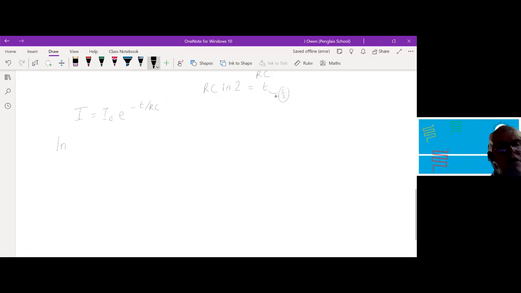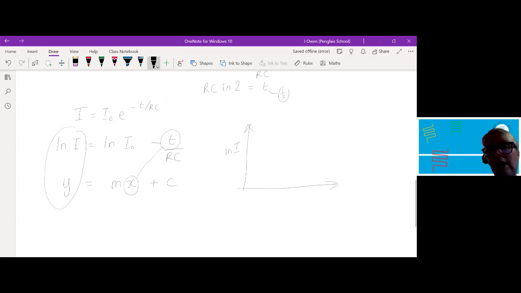So natural log I equals natural log I naught minus t over RC. Okay, so that's logging it. And then you have to relate that to y equals mx plus c. So what are you going to plot against what? You can plot log I on the y-axis, and on the x-axis, you will plot t.